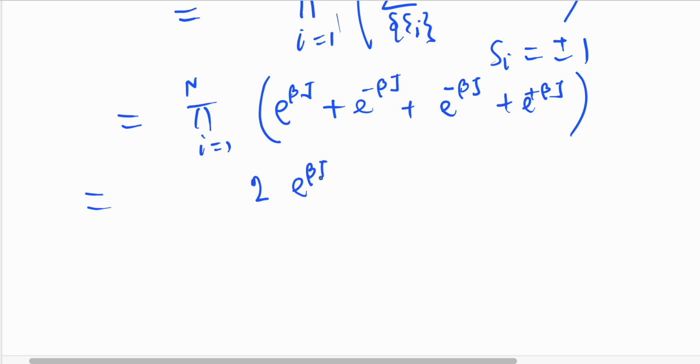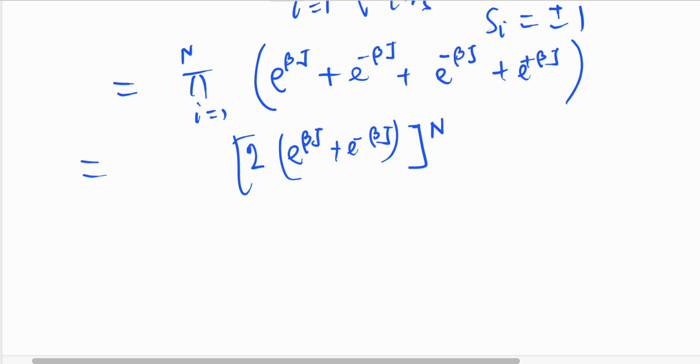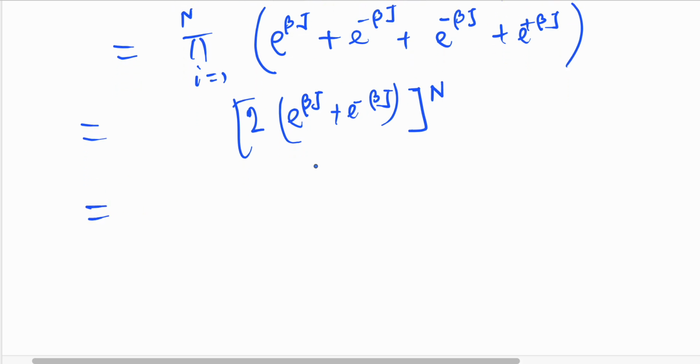That means this multiplication will become (2 e to the power beta J plus 2 e to the power minus beta J) to the power n. Now this means (4 cosh beta J) to the power n.